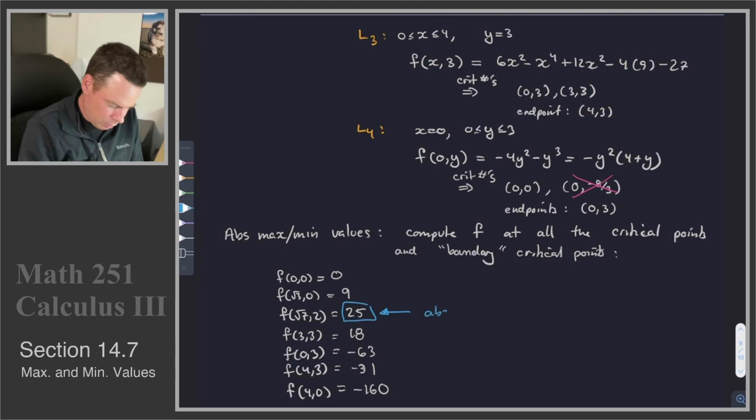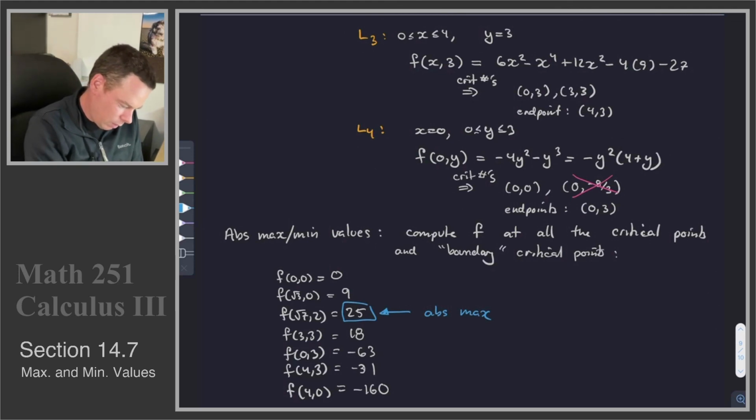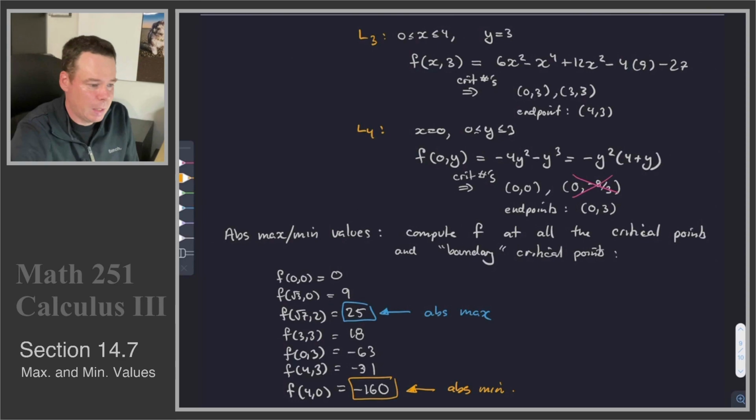So that's our absolute max, and it occurred at (root 7, 2). So it was the one that came from the critical point of our multivariable function. It's occurring inside the domain. What's our smallest value? Our smallest value is this one here, negative 160. And that's our absolute min, and it's occurring on the boundary. So we found our absolute max and we found our absolute min.